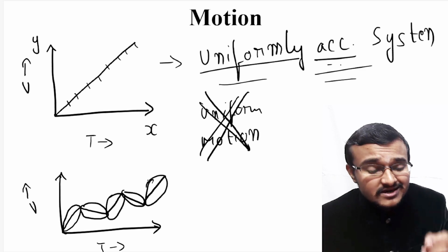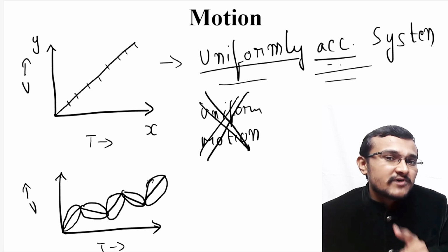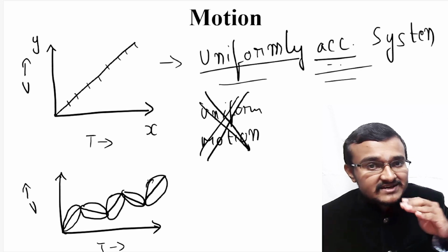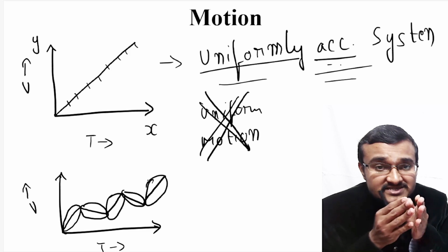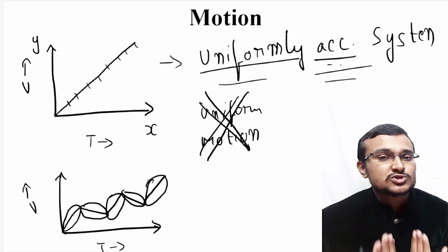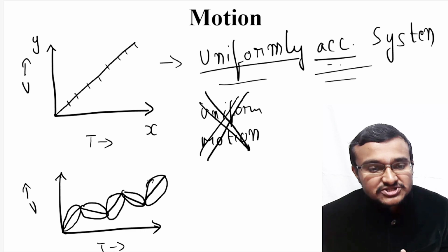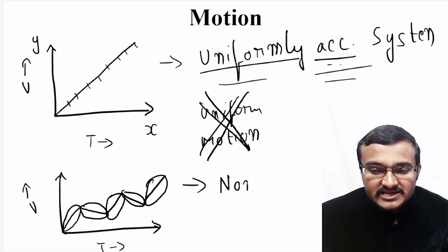That means the system is not uniformly accelerated. There is variation in acceleration. Once it is accelerating, then it is decelerating, then accelerating, then decelerating. That means uniformly accelerated motion is not there. Non-uniform acceleration is happening. So this particular graph gives you an idea about non-uniform acceleration.